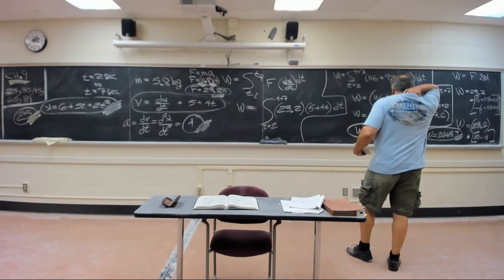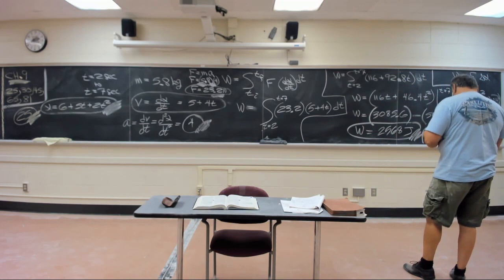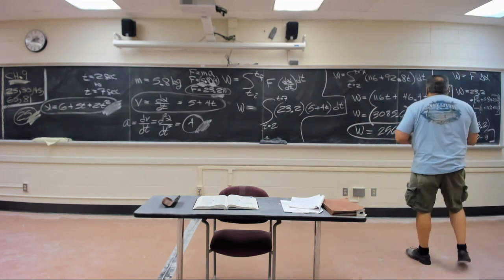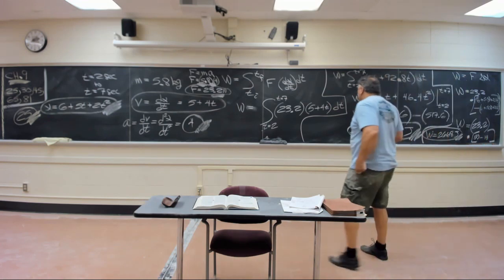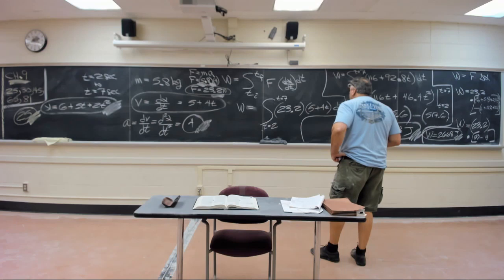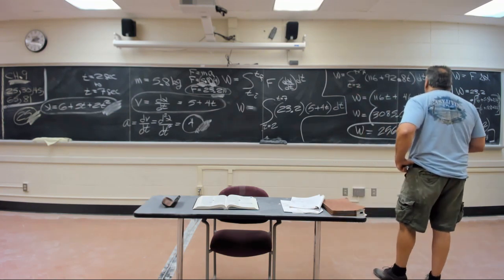No, 46.4 t squared. That is still not a problem. Let me look. Somewhere, something. Forgive me for doing this, guys, but I think we're going to come out stronger as a result of it. It's going to be 92.8. Half of that is 46.4.